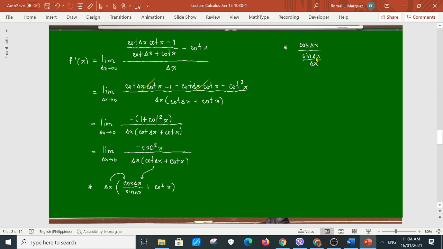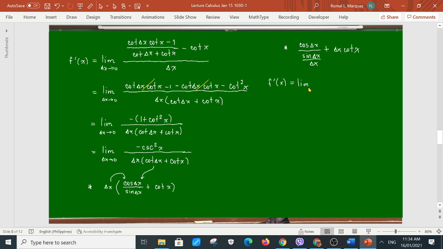When I simplify this, the delta x is times 2 on the cosine. So I divide the numerator by delta x, and I also divide the denominator, the sine delta x, by delta x. This is the middle. Plus delta x cotangent of x. We know the limit of this, so let's go back to the derivative.